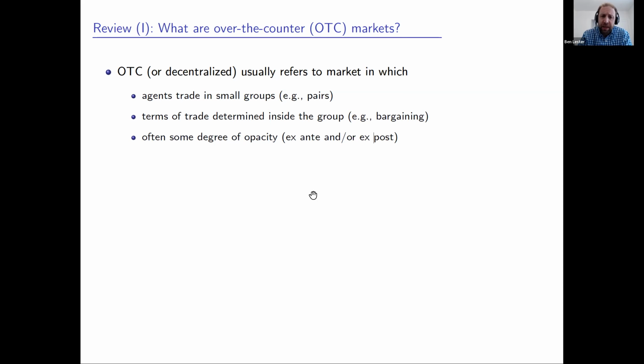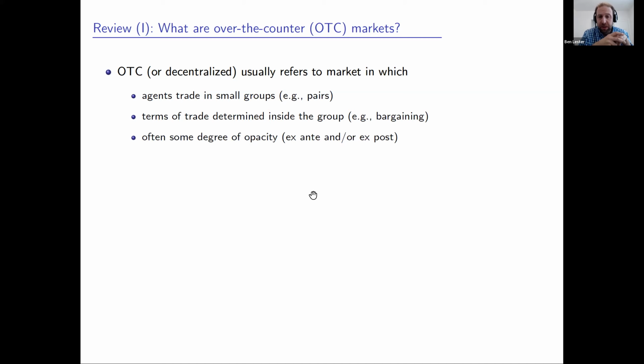The last thing that Pierre mentioned last week as well, which again is not necessary, but is quite often the case in over-the-counter markets, is that there's some degree of opacity, and that opacity could take the shape of either incomplete information ex ante about prices, or incomplete information ex post about trades and history.